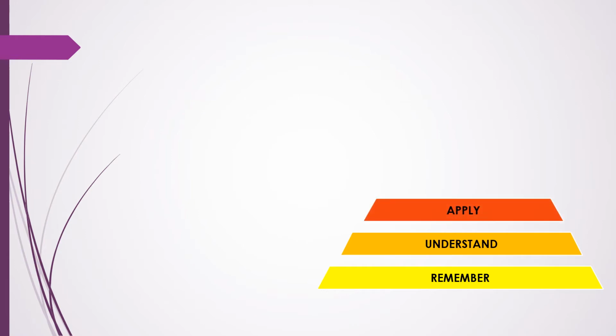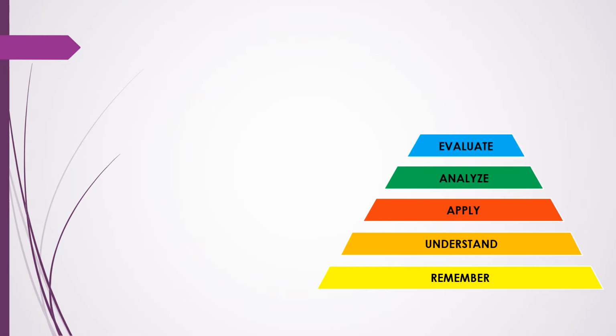These are remember or remembering, understanding or understand, applying or apply, analyzing or analyze, evaluating or evaluate, and creating or create. These are in the new version stated in verb form.